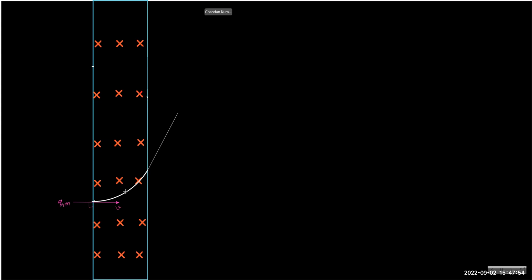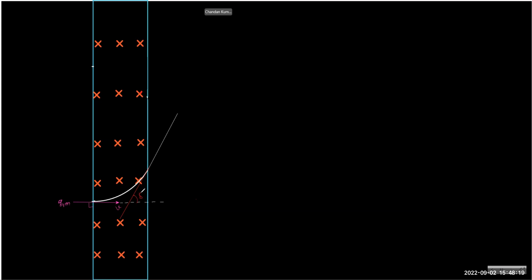So it will enter the field, will bend a bit, and then once it leaves the field, it will go straight further. Okay, that is the path. So if I extend these two lines and bring it backward, then this angle is called the deviation suffered by the particle.